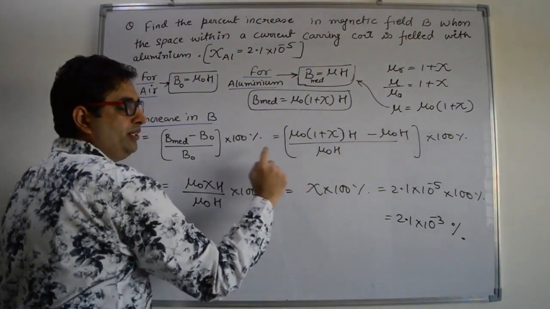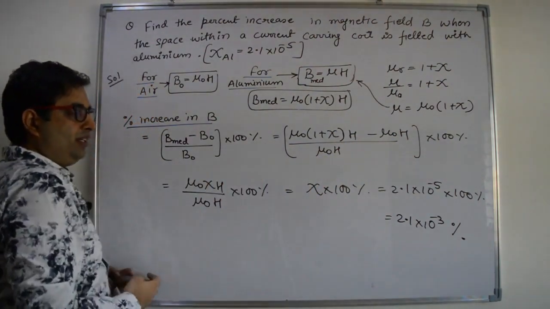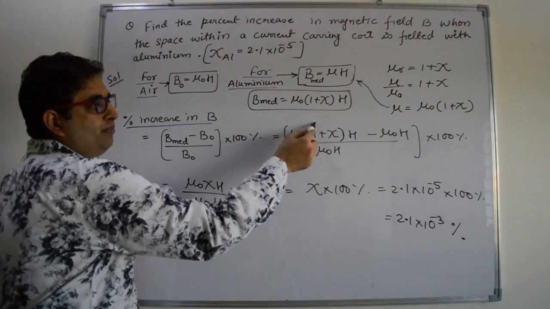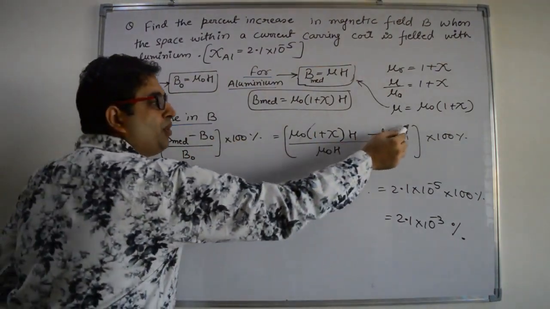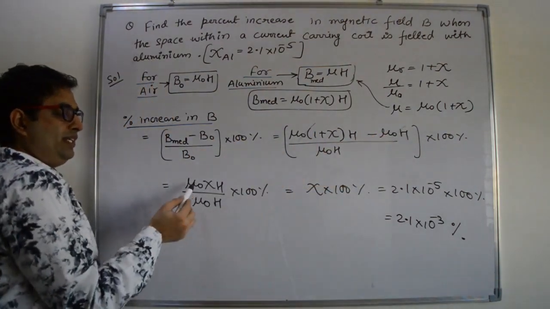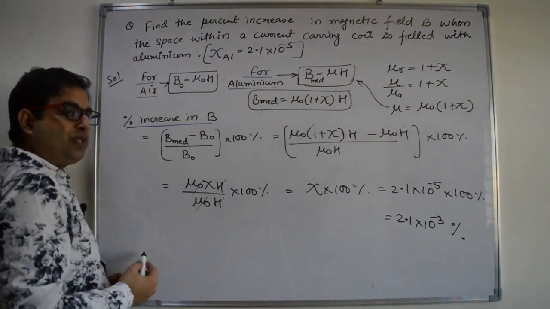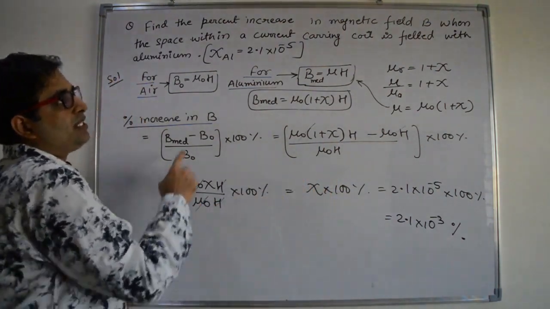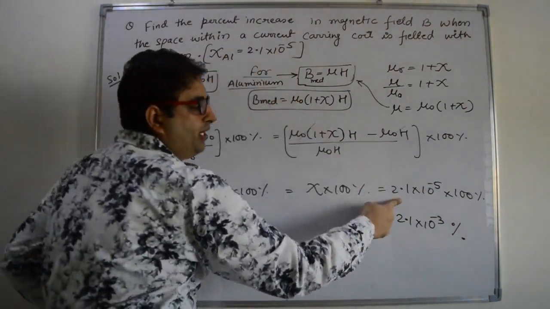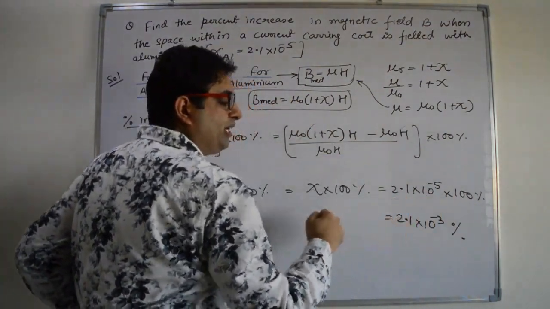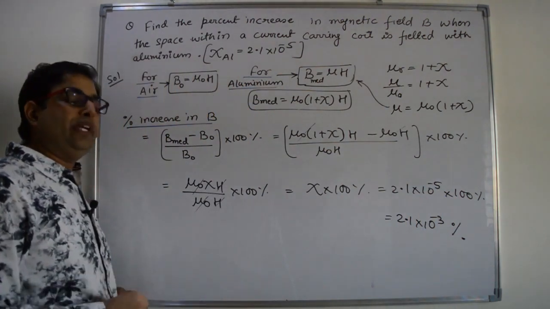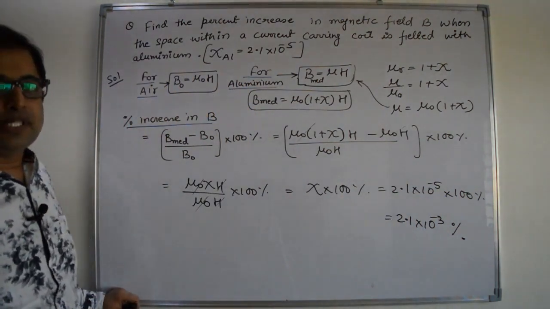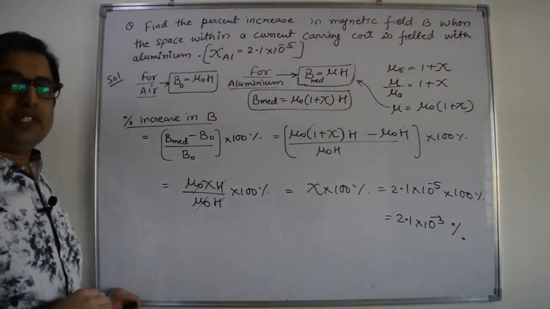When you solve it, mu naught into H will cancel out, and H will also cancel out. So finally we will get chi into 100%. Susceptibility is given to you, put it here, multiplied by 100. So the final answer is 2.1 into 10 raised to power minus 3 percent. Got this?